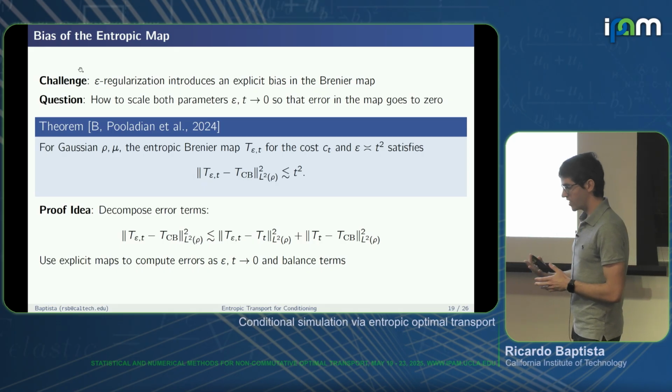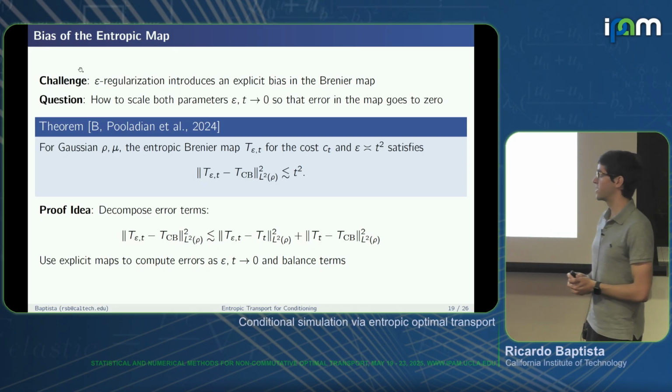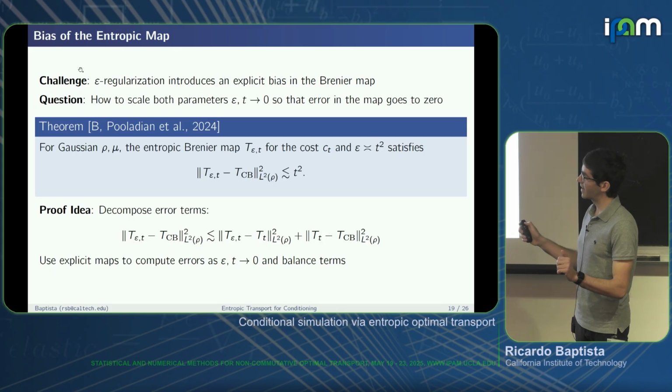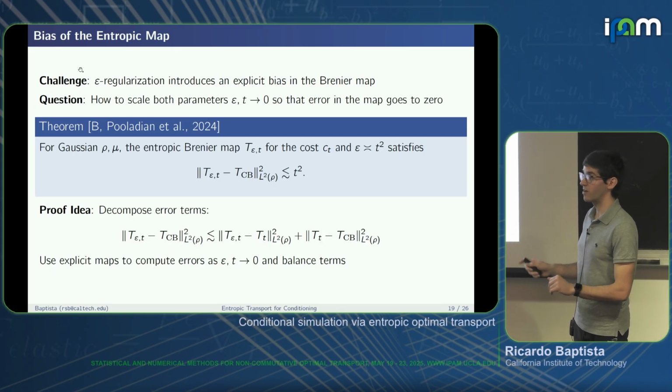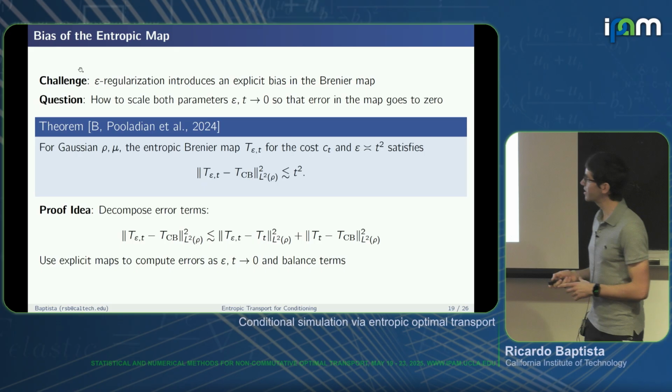So for the analysis, both pieces of the analysis I'll mention, we considered Gaussian to Gaussian transport problems for the source and the target.